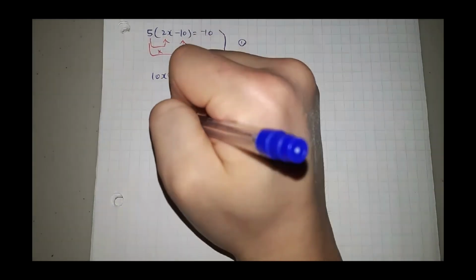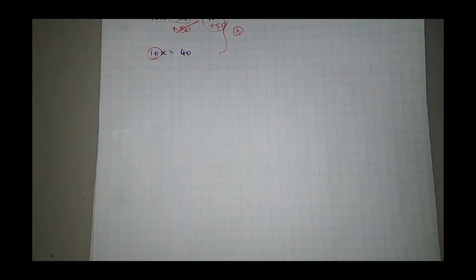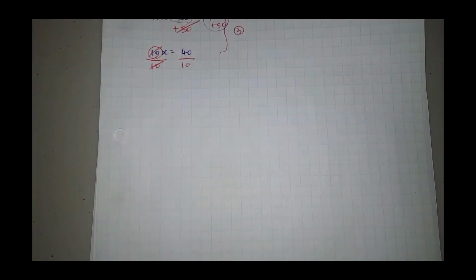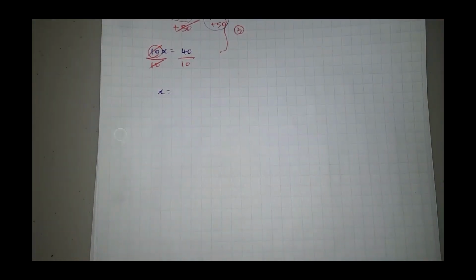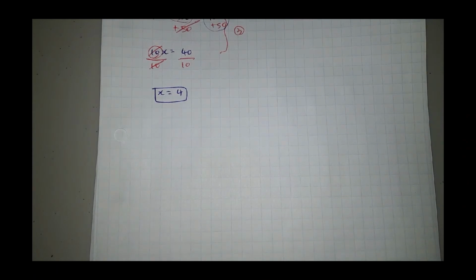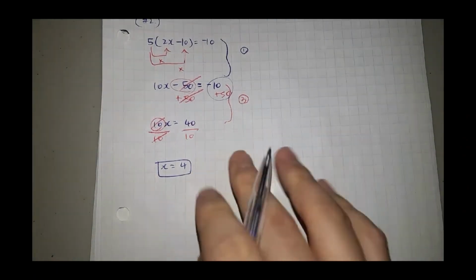Right now, I have 10 times x happening. So what's opposite of multiplication, which is division? Divided by 10 is what you can do. 10 will be gone because 10 divided by 10 is 1. 40 divided by 10 is equal to 4. Mandatory two-step is done and we have a solution.